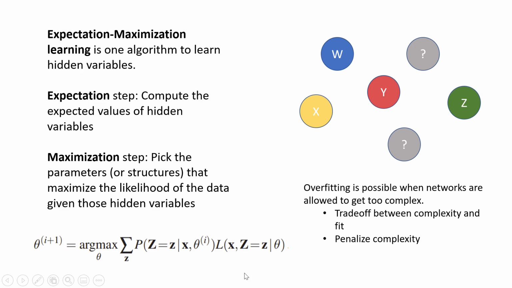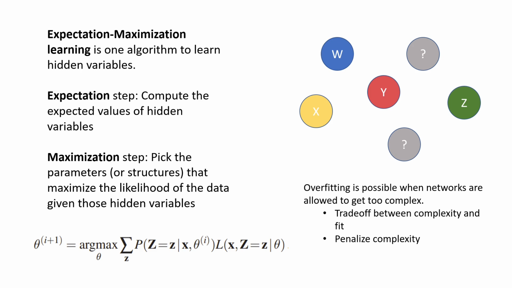So you can see in this equation, theta is the set of parameters, so it's updating that to maximize the summation. And the summation is the expected log likelihood of the data so far based on what we think the hidden variables are so far. So this should eventually converge to something that fits the data pretty well.